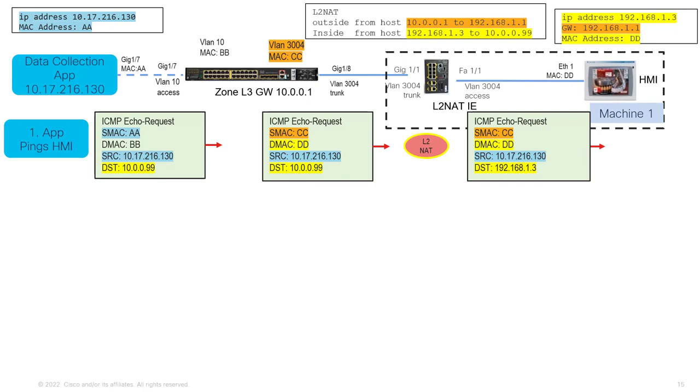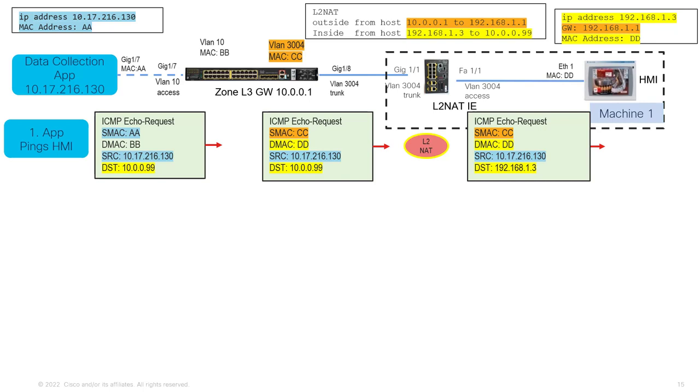It puts its own source there for its layer 3 interface, and says the destination is 10.0.0.99 because it also knows the HMI machine 1 as 10.0.0.99, because that's what the data collection application wants to talk to.